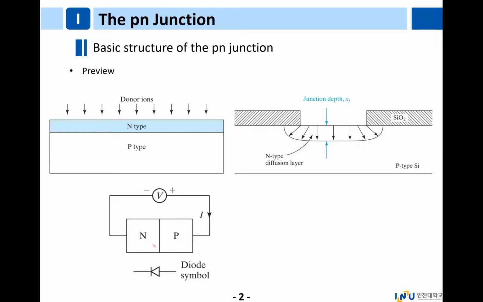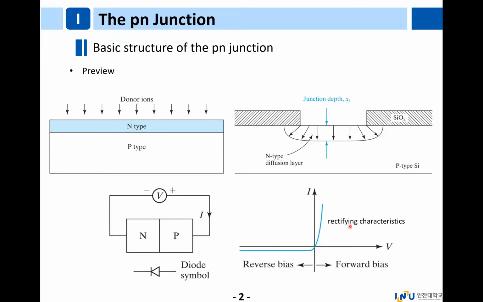This p-n junction exhibits rectifying IV characteristics, acting as a rectifier or diode. When a voltage is applied, current flows easily in one voltage polarity, but it doesn't flow as well in the opposite polarity.